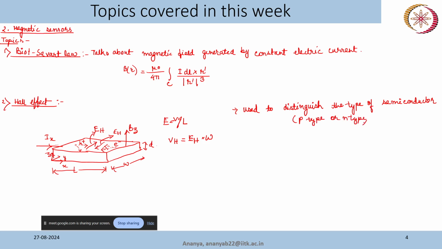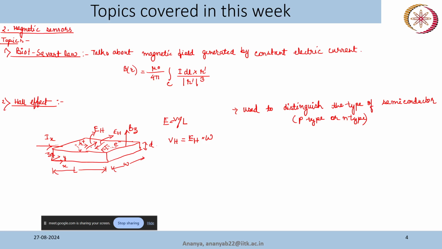How it can be used to determine whether it is a p-type or n-type material: you can see the direction of the electric field for p-type material is in the positive y direction, and the direction of the electric field for n-type material is in the negative y direction if we use this coordinate system, x, y and z.